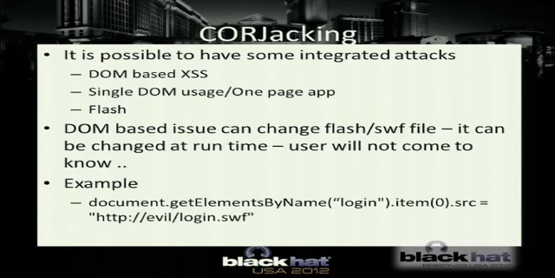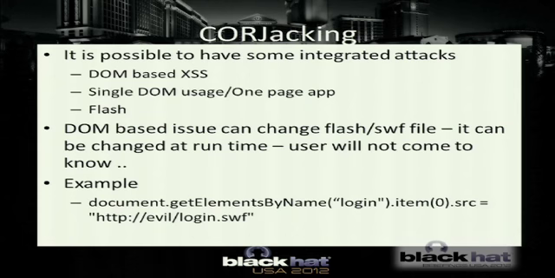Now coming to the CORJacking, where you are doing the cross origin resource change, which again uses the DOM extensively. So what you are doing is you are using some kind of a DOM based XSS if it's on the application, and various different applications nowadays are running on a single DOM. So you have a DOM based XSS. Now what you can do is you can take the SWF file.